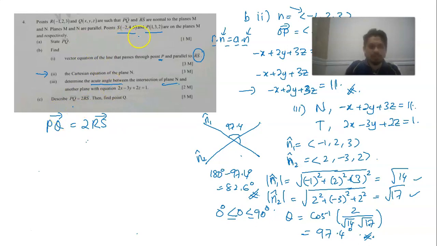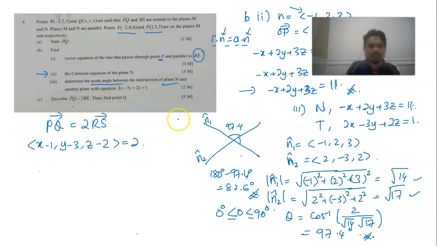What is the coordinate of P just now? P is (1, 3, 2) and Q is (x, y, z). So PQ, from P to Q, is the coordinate of Q minus the coordinate of P: x minus 1, y minus 3, and z minus 2.